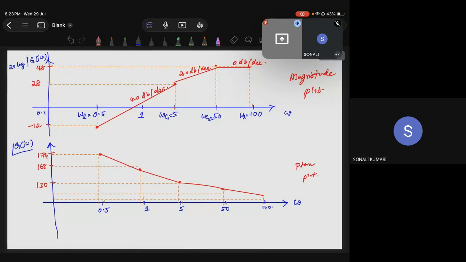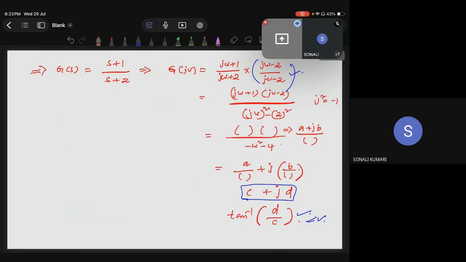So here, can you tell me what answer you'll get? You will get the answer as tan inverse omega minus tan inverse omega by 2. Is this clear?